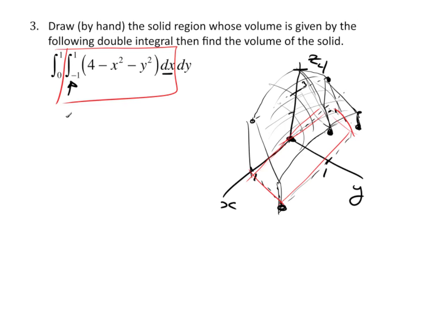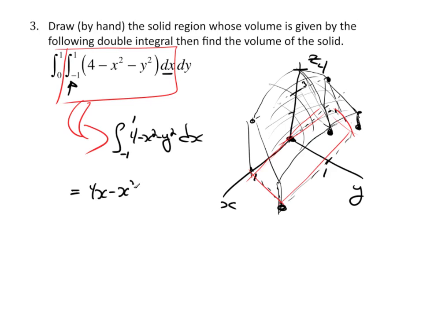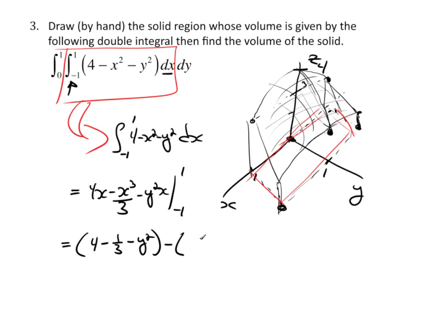Okay, so like normal, I'm going to grab this piece and integrate that as a separate problem. So I'm going to take the integral from -1 to 1 of 4 minus x squared minus y squared dx, which is going to be 4x minus x cubed over 3 minus y squared x from -1 to 1, which would be 4 minus 1/3 minus y squared minus a -4.